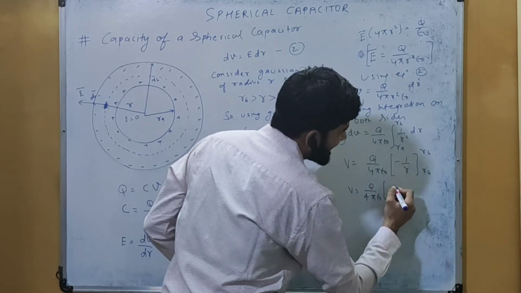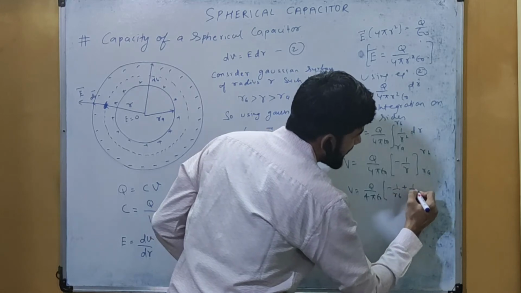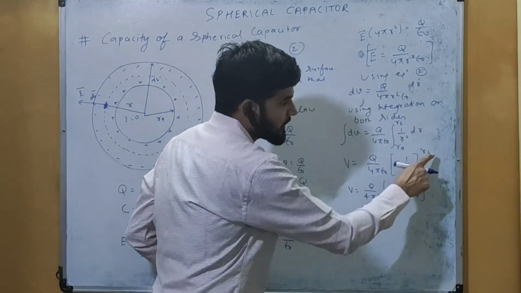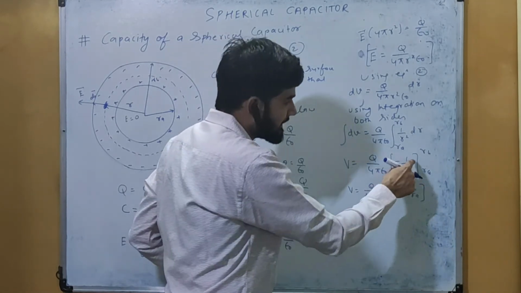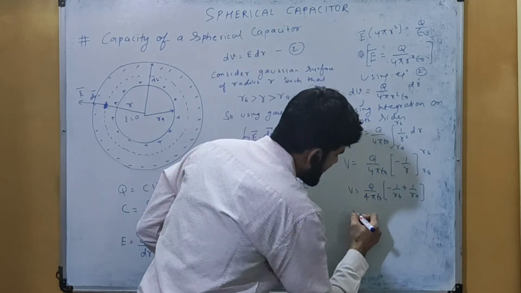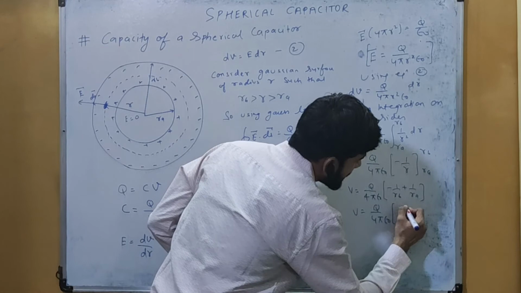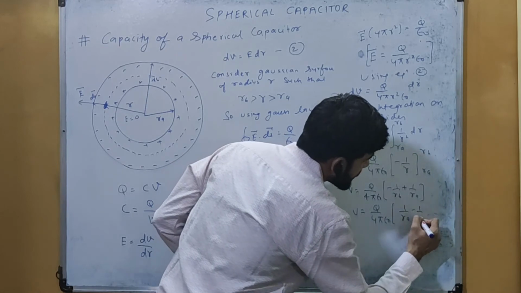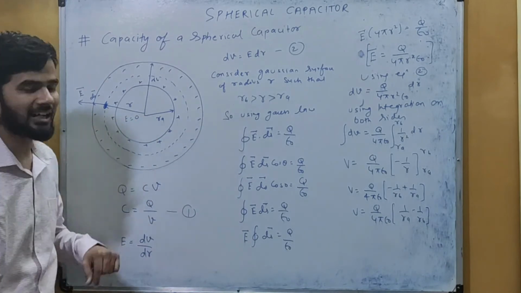Here it will be final limit minus 1 by RB minus of minus 1 by RA. First of all we will use the final limit, minus 1 by RB, then minus of initial limit, then minus minus becomes plus. So V is equal to q by 4 pi epsilon naught into 1 by RA minus 1 by RB. This is the potential between the two conductors.